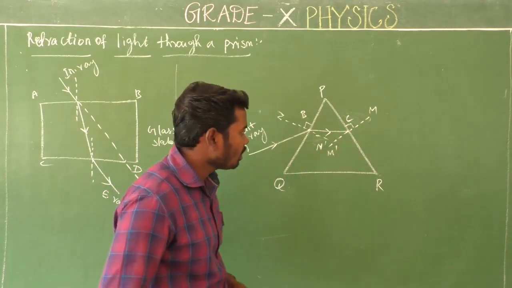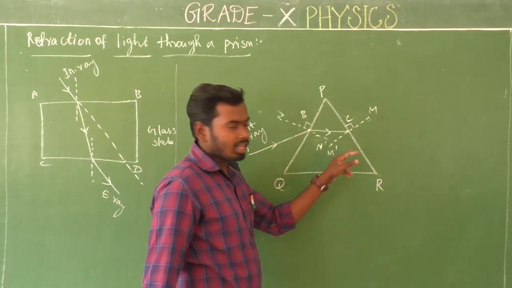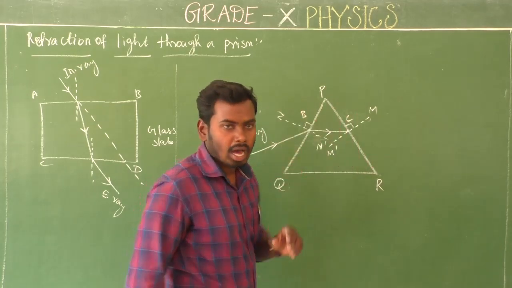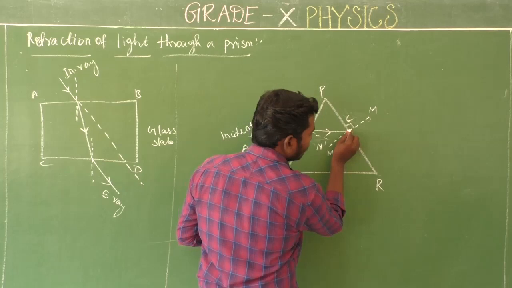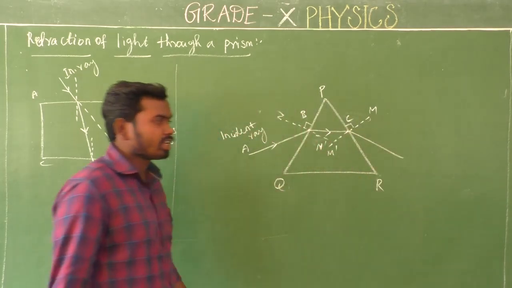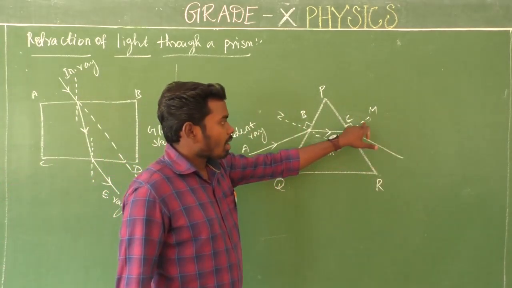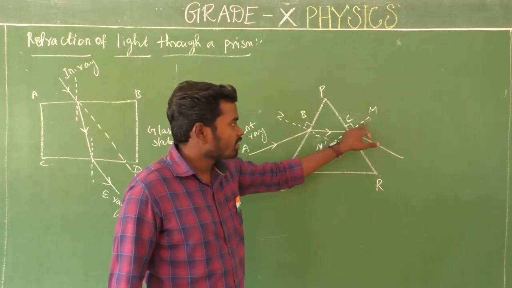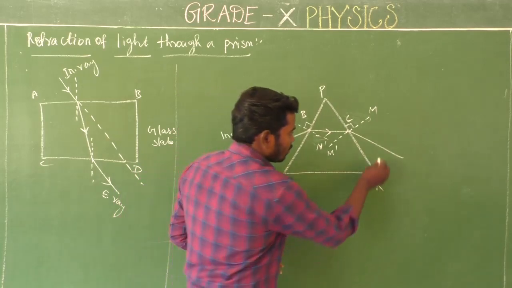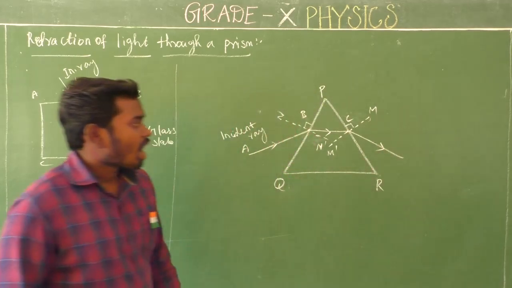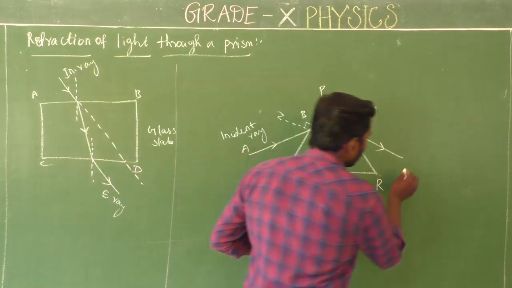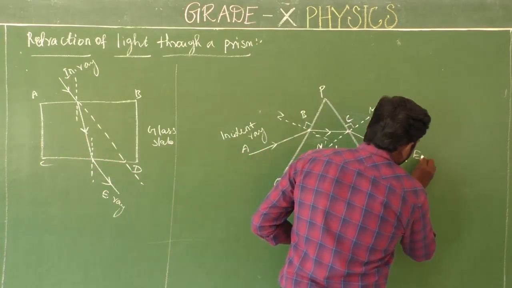Light goes from the denser medium to the rarer medium, so the refracted ray moves away from the normal like this. Can you see clearly? The angle is more here. So what is that ray? That ray is called the emergent ray.